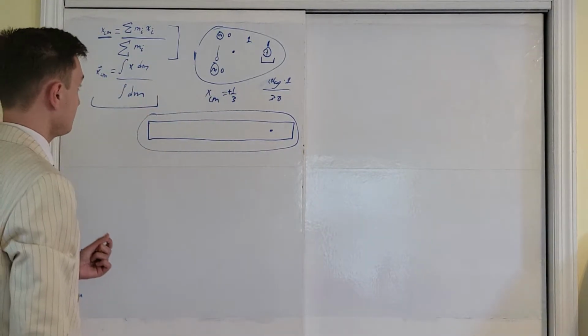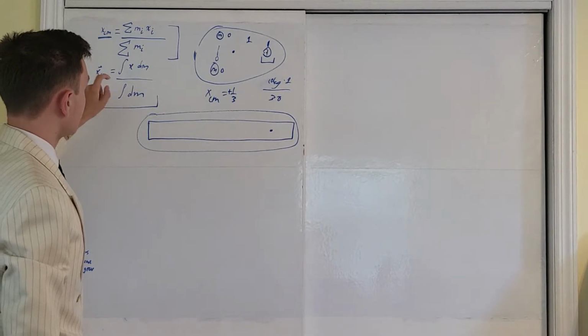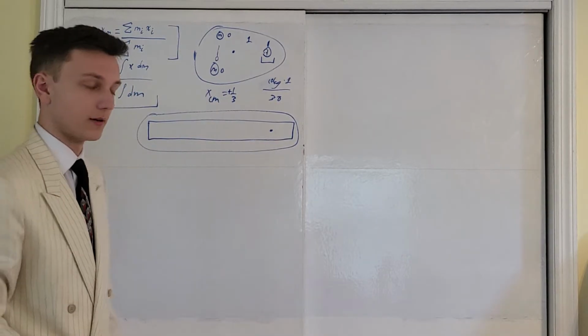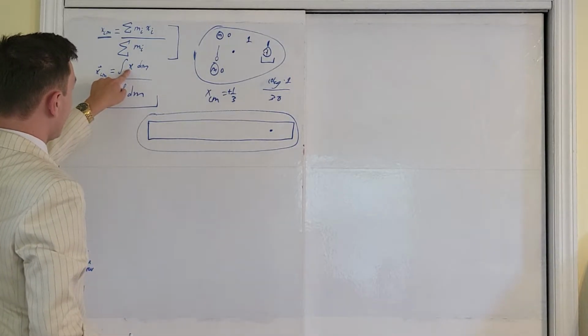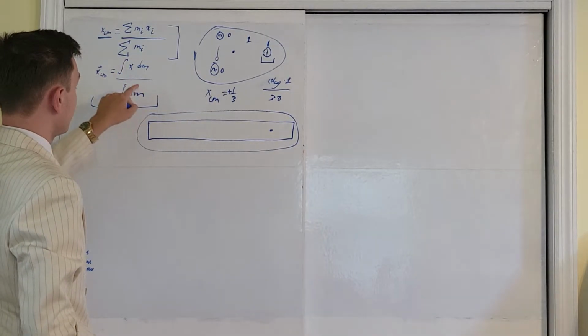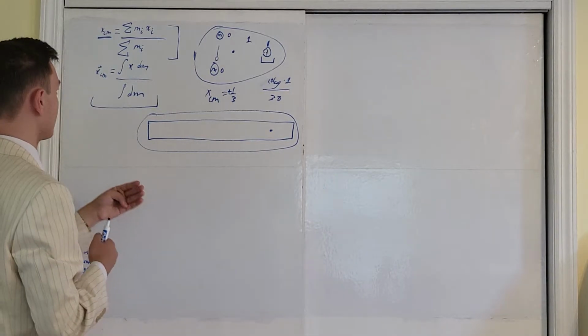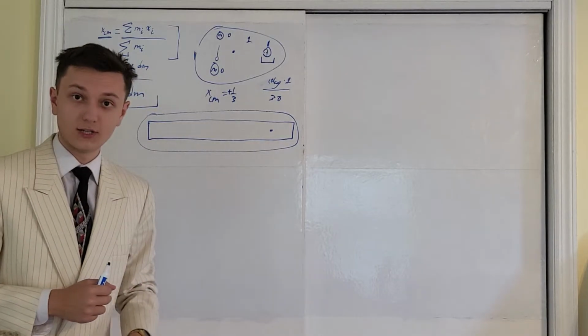Okay? This equation is the same exact thing. It's just analyzing when we have an infinite amount of particles to consider. So on top here we have the same x distance away from our reference point, multiplied by what? Multiplied by the mass differential.